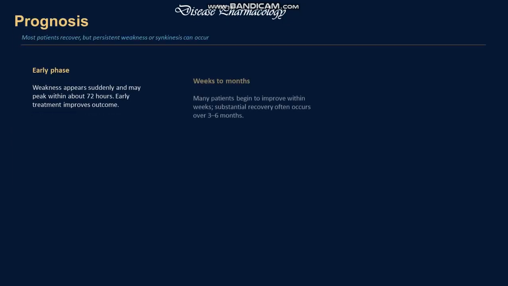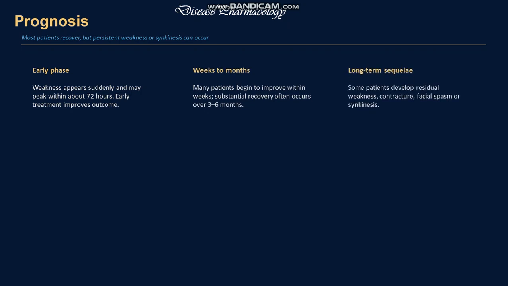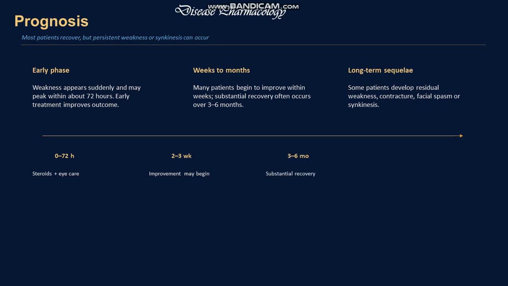Prognosis: early phase, week to month, and long-term sequelae: 0 to 72 hours, 2 to 3 weeks, 3 to 6 months, and more than 6 months.